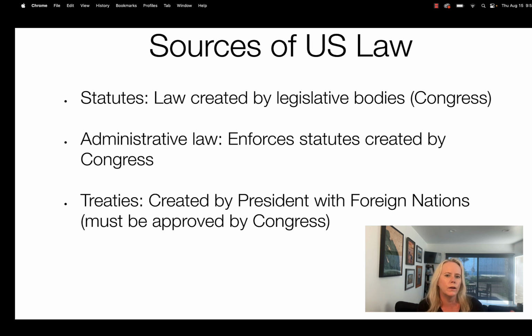And then administrative law is administered by administrative agencies who enforce statutes that are created by Congress. Your local congressman, even though he has the ability to govern, for example, air travel in the United States, doesn't have the experience or probably the time to be up in the control tower at Lindbergh Field.